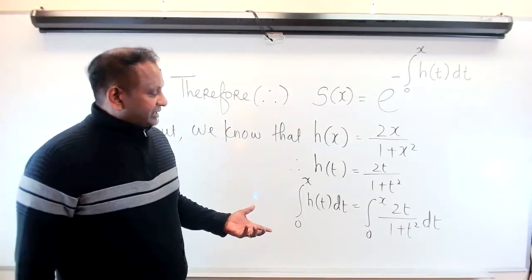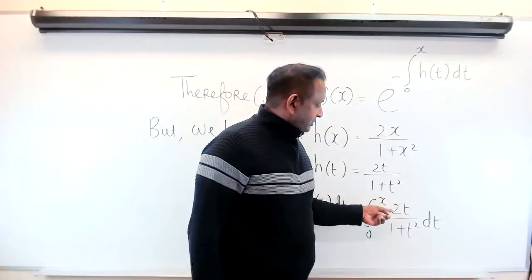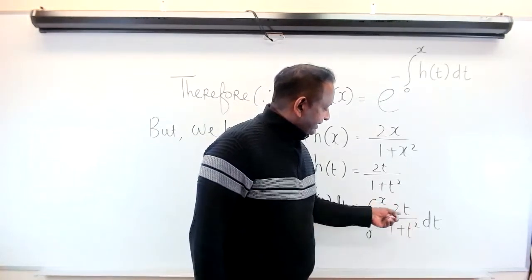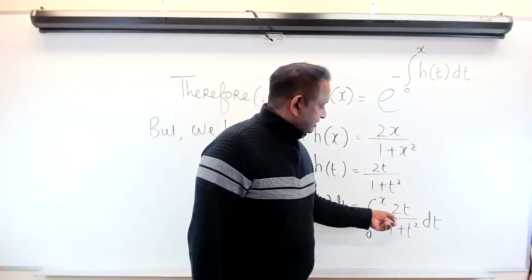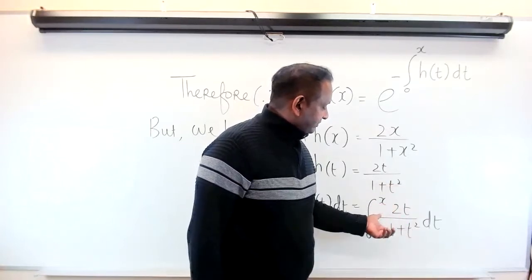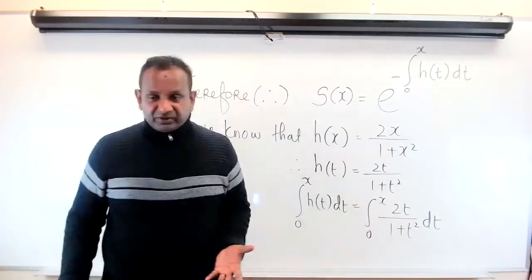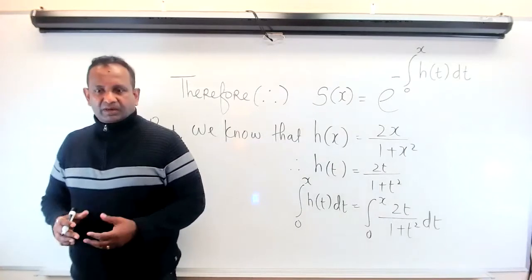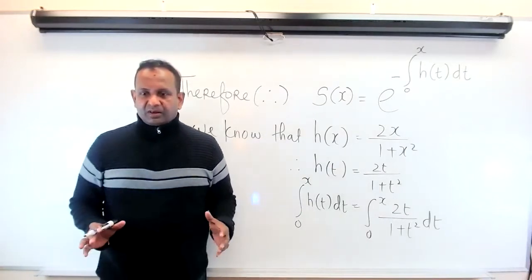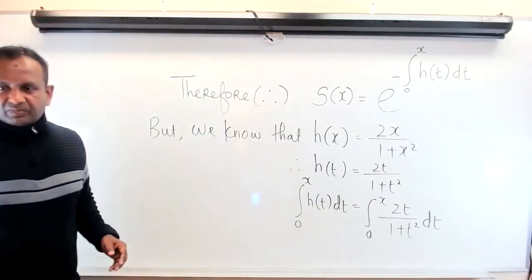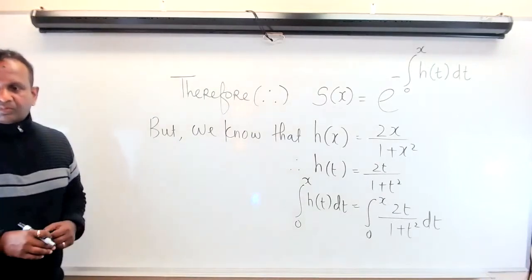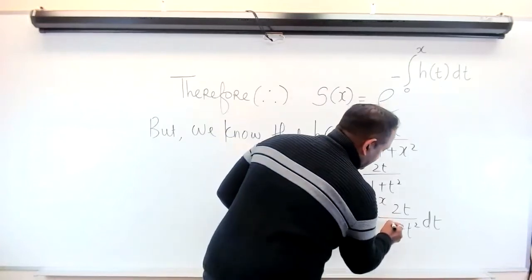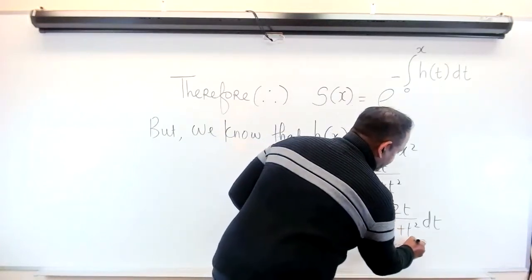Look at the numerator and denominator, and see whether the denominator's derivative is on the top. If so, you can write it with ln, or you can use u substitution. There are several ways you can get this one. So I'm going to look for this denominator's derivative.